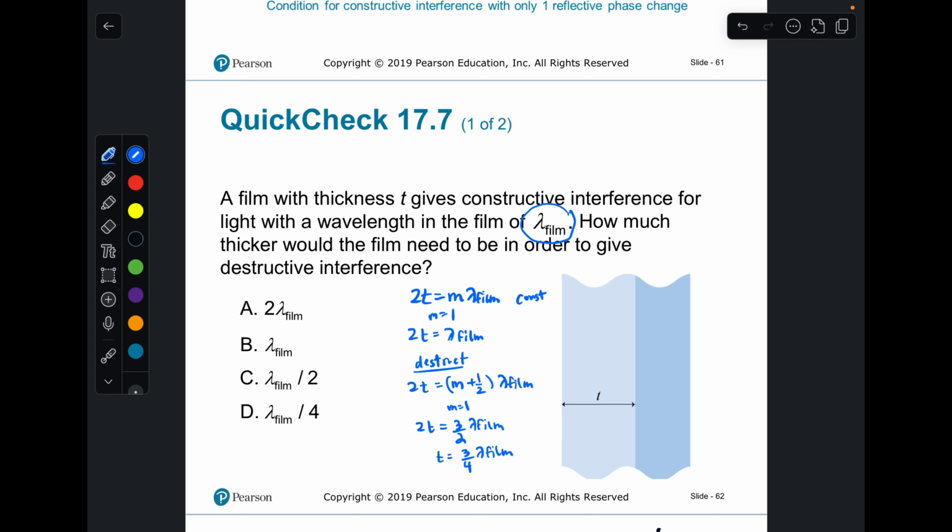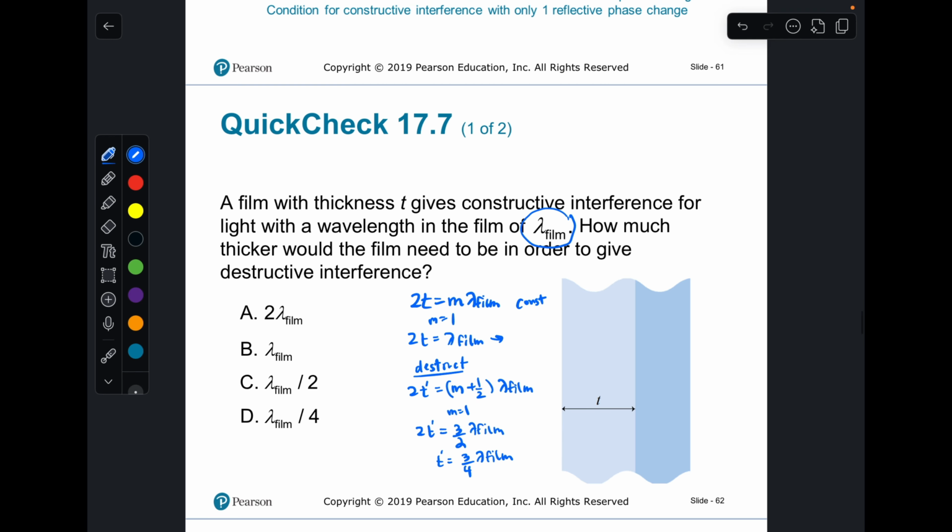How much bigger is that than the original thickness? So let's do this. Let's call this T prime. This is the new thickness. Let's find the old thickness and compare to see how much larger it would need to be. So this is the original thickness, which is lambda film over 2.